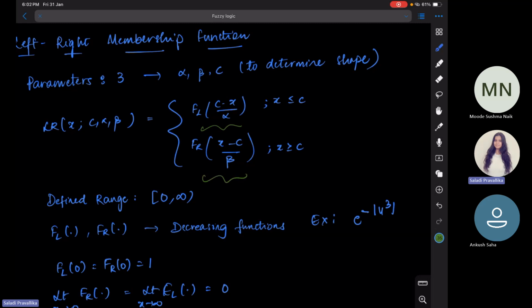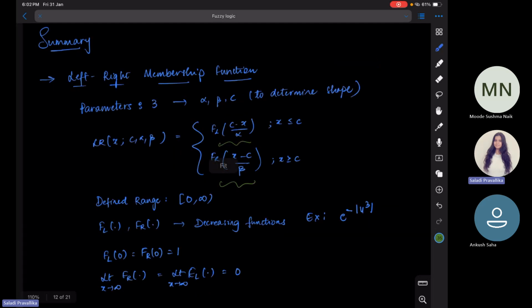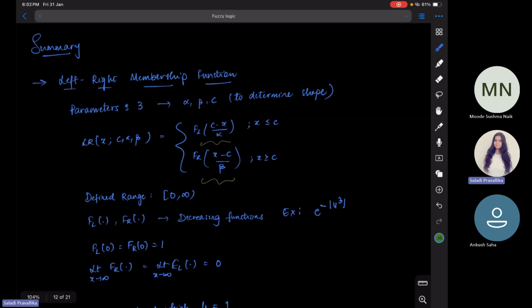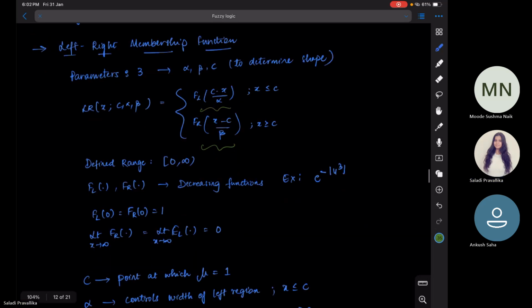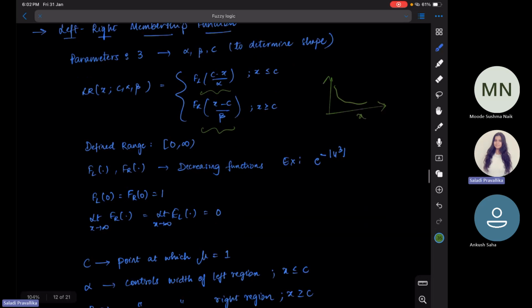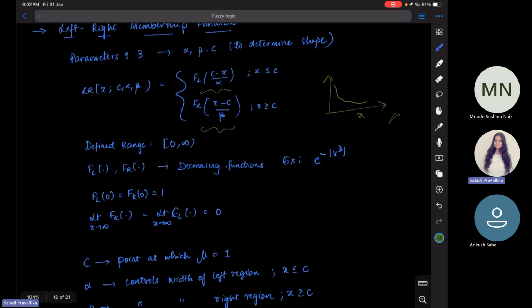The defined range of this left-right membership function is 0 to 1. F_L and F_R are decreasing functions with respect to X. This graph which I'm showing right now is an example of a decreasing function.